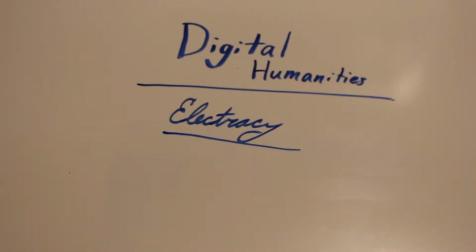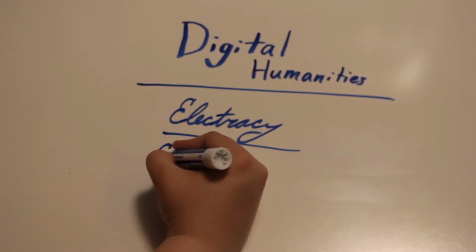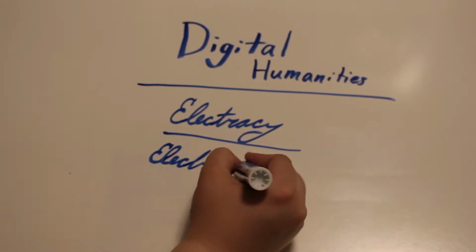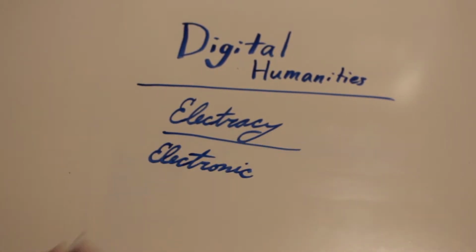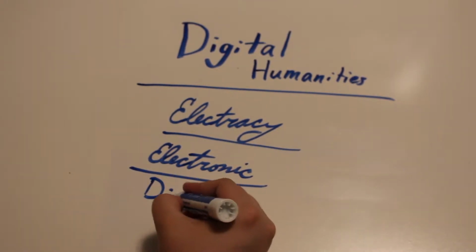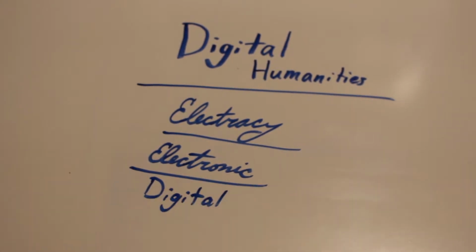And electracy is exactly what it sounds like. It is electronic communication, or referring to how we communicate electronically. And this is the digital part of digital humanities. It's not all of it by any means, but it's the majority of it.